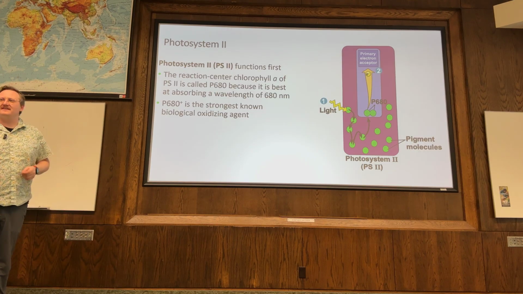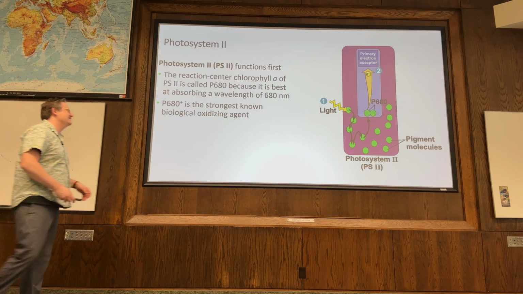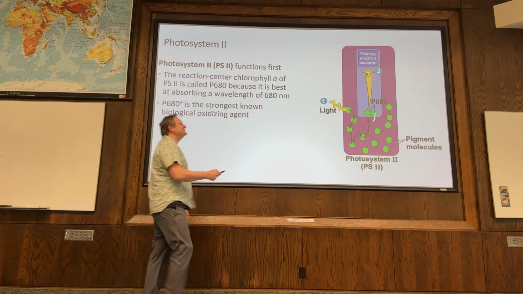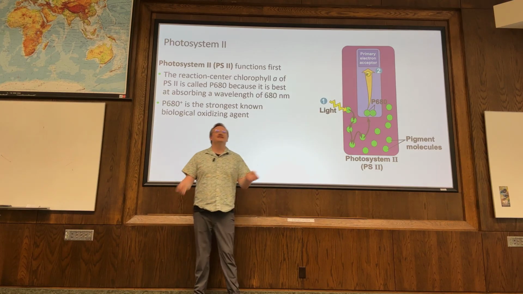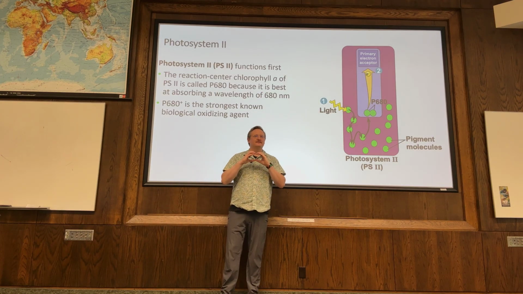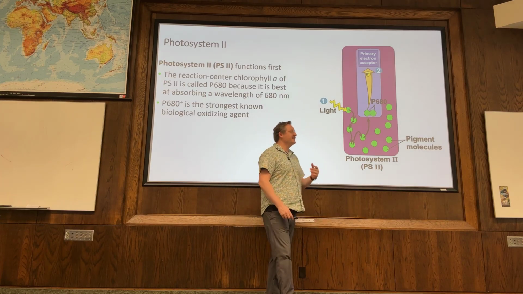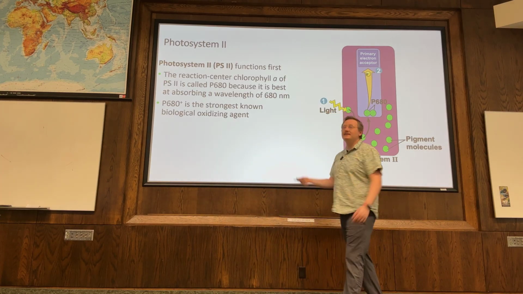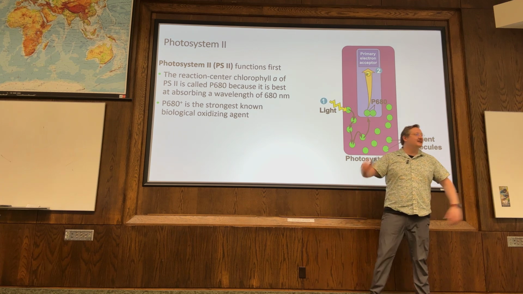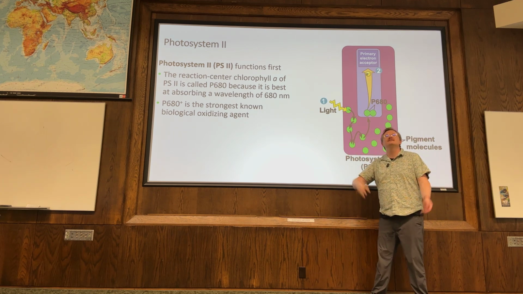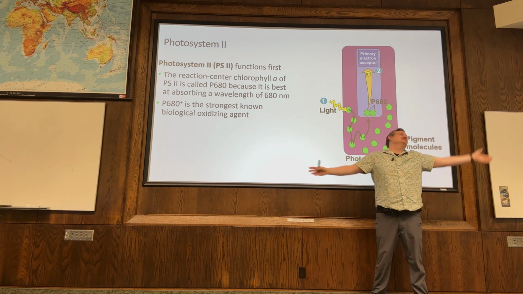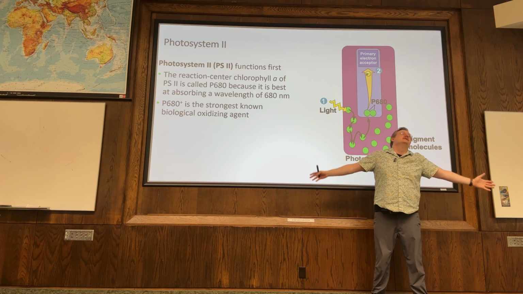It absorbs that wavelength the best. It's the best at charging it up, okay? So when P680 loses an electron, remember, it's just a special pair of chlorophyll molecules, but when it loses an electron, it is called P680 plus, because it's lost a unit of negative charge, so now it has 1 unit of positive charge. Reasonable enough?